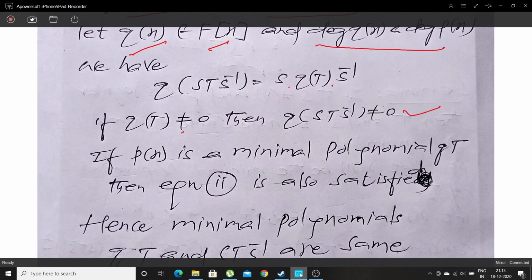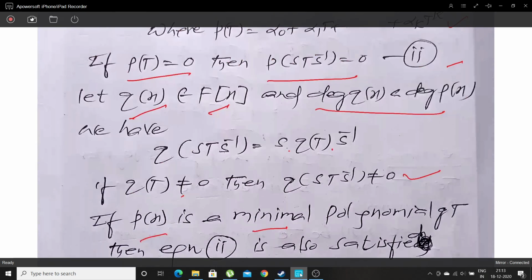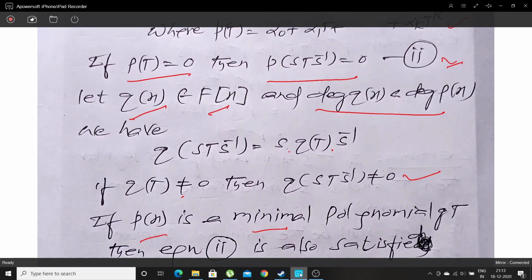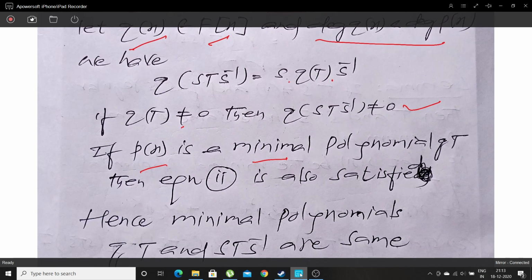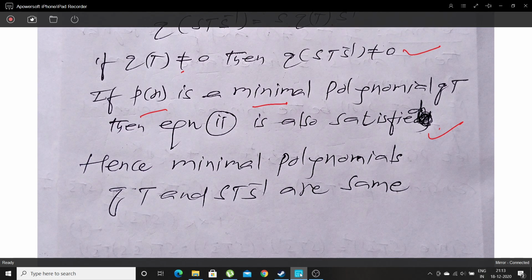That means if P of x is a minimal polynomial, then this result 2 is also satisfied. What does it indicate?